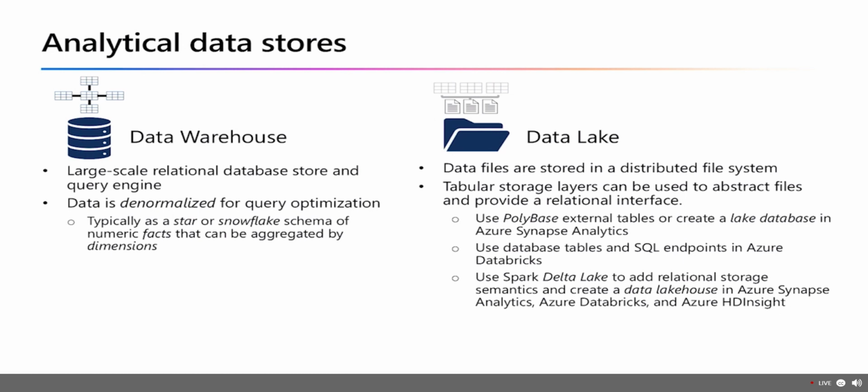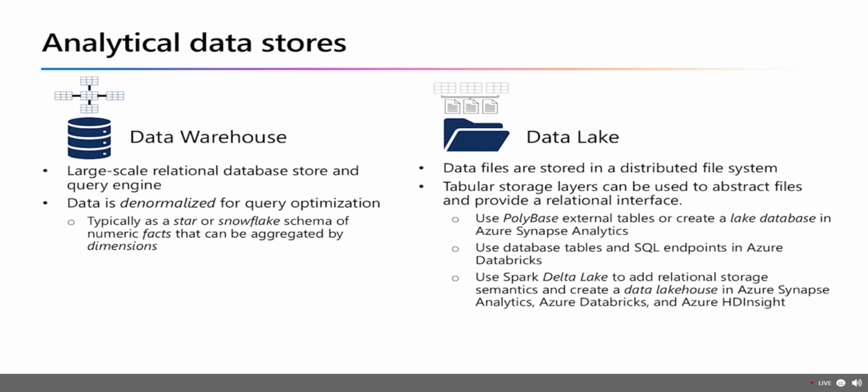Though it is often extended into a snowflake schema by adding additional tables related to the dimension to represent dimensional hierarchies. For example, the product might be related to product categories. A data warehouse is a great choice where you have transactional data that can be organized into a structured schema of tables, and you want to use SQL to query them.